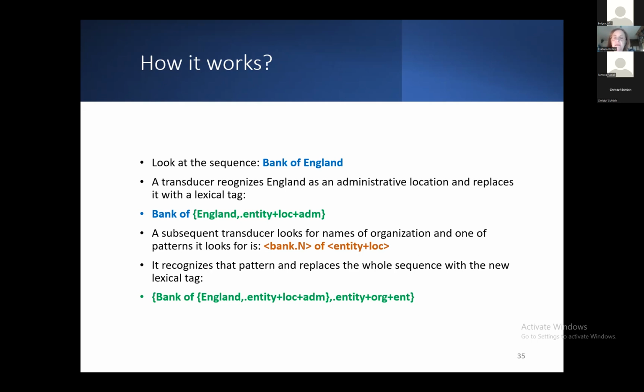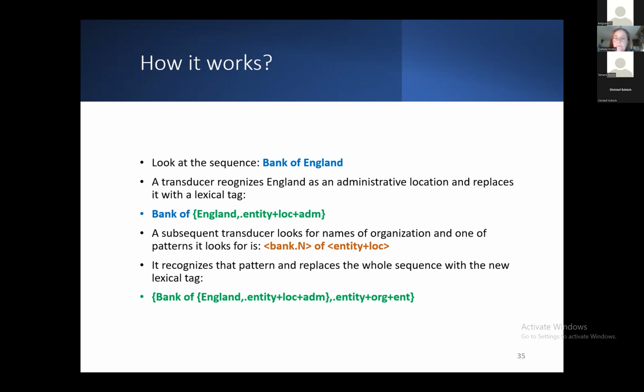We have a lexical tag, England, which says that it is now tagged as entity. It's not tagged as a noun anymore, but as entity, as a location, and as an administrative location. It is put as the output of that transducer.